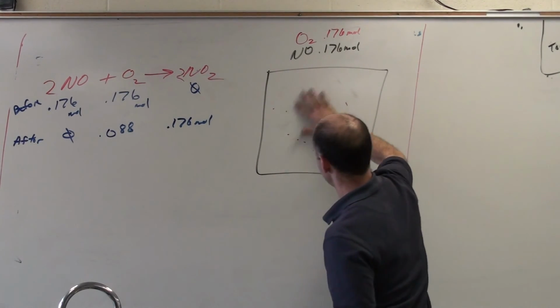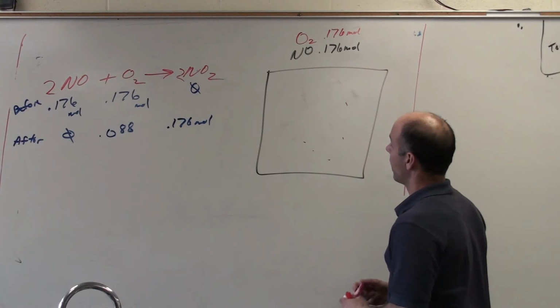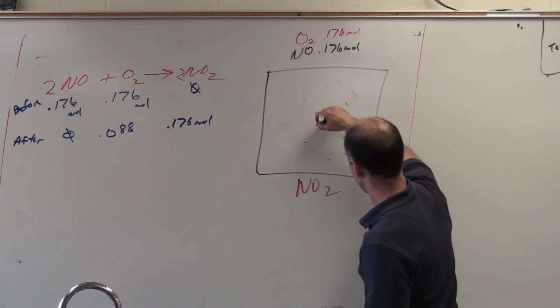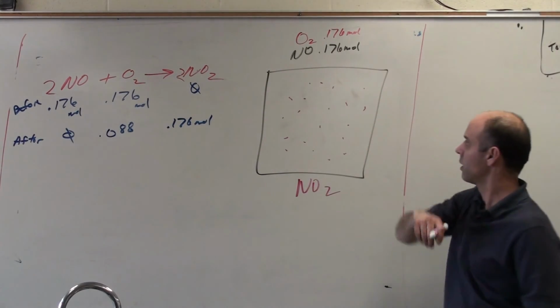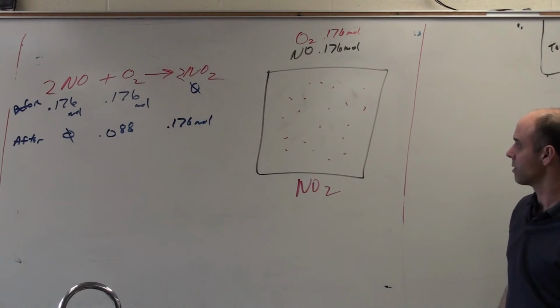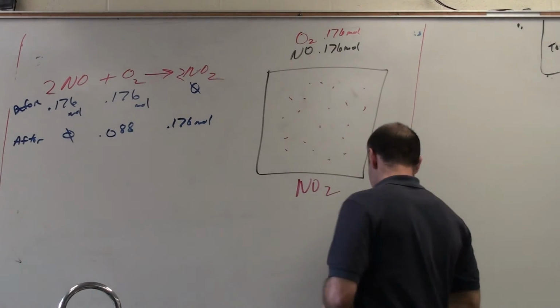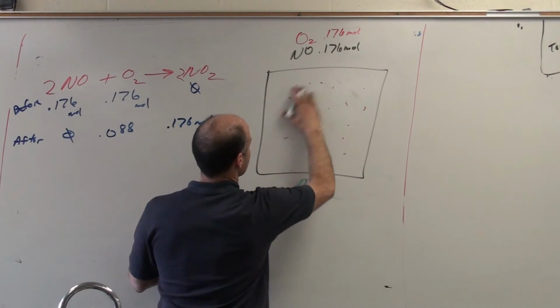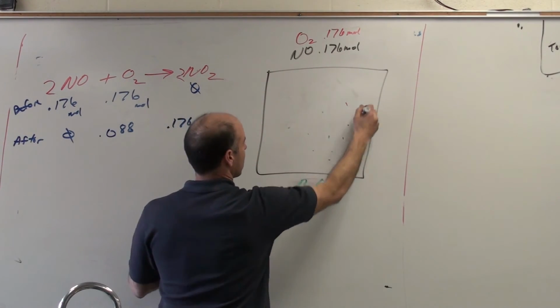Some of the oxygen disappeared, and the nitrogen dioxide appeared. You probably can't tell the color difference. But there's more NO2 now than there is oxygen. There, now I feel better.